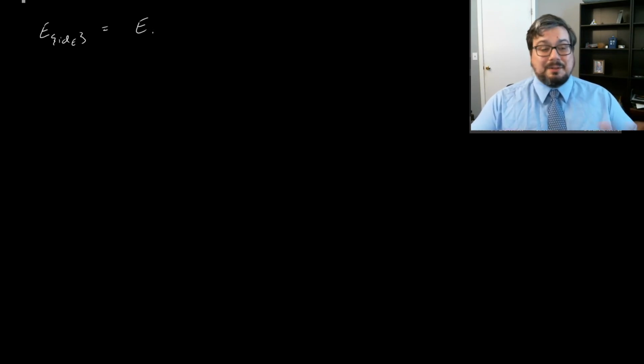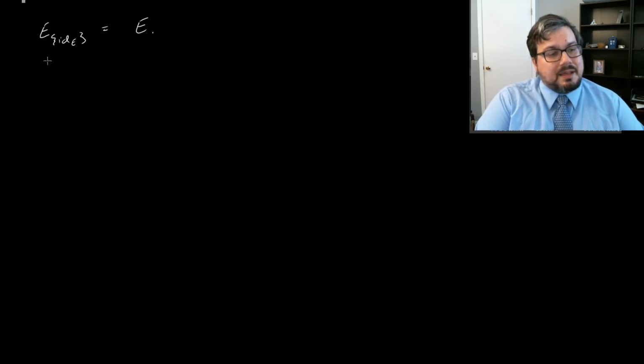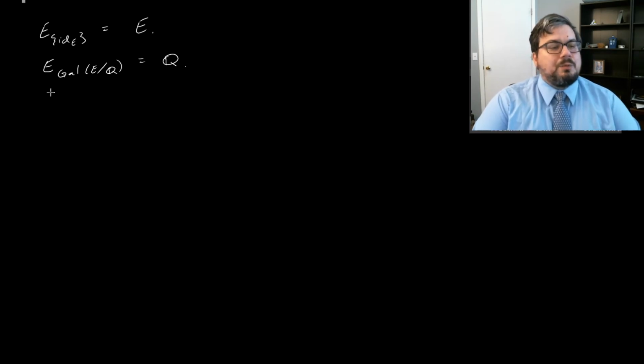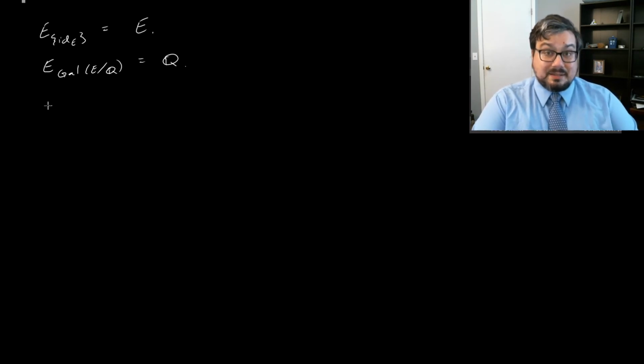The identity element fixes everything, and so the fixed field is just E. Now, the fixed field of the whole Galois group is just Q itself. Now, we want to look at some of the other ones, the ones not at the extreme.